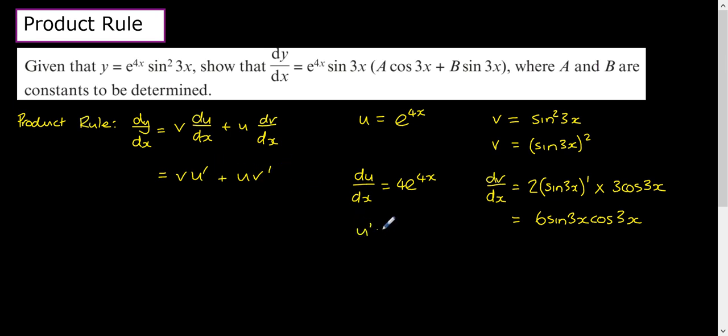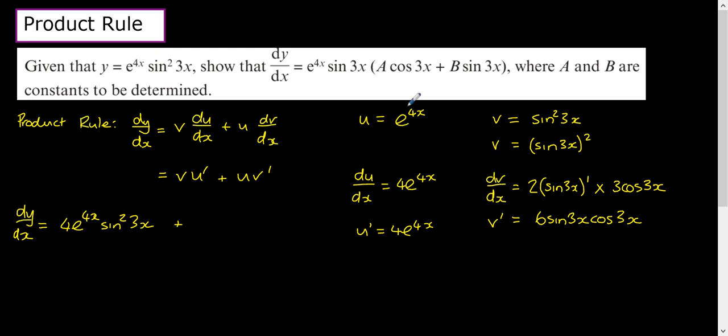Where u prime is this, 4e to the 4x, and v prime is this. So let's substitute in and work out what our dy by dx is. So dy by dx is v times du by dx. So it's sine squared 3x multiplied by 4e to the 4x. So I just write that as 4e to the 4x sine squared 3x, plus u times v prime, or u times dv by dx.